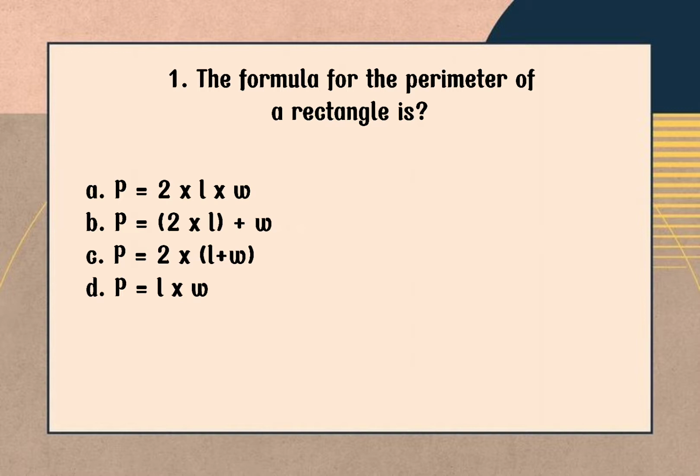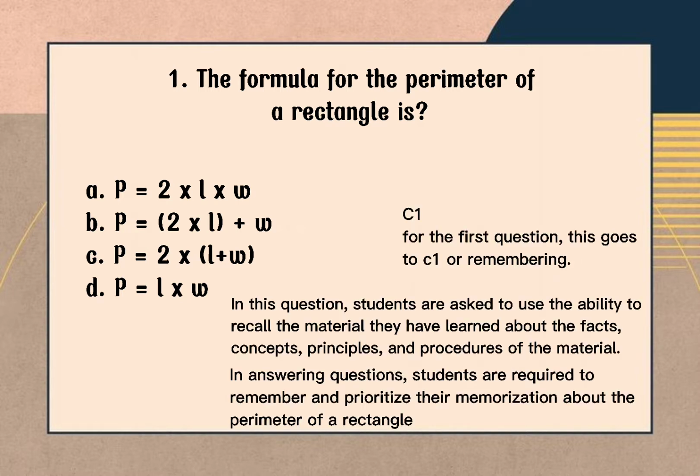For the first question, this goes to C1, or remembering. In this question, students are asked to use the ability to recall the material they have learned about the facts, concepts, principles, and procedures of the material.